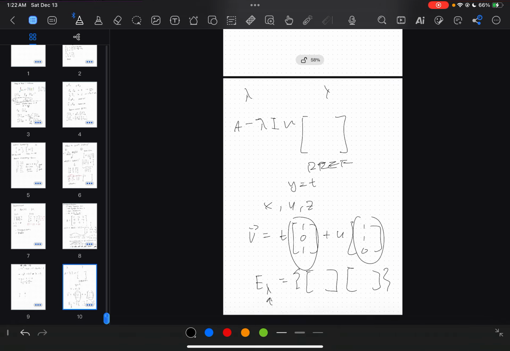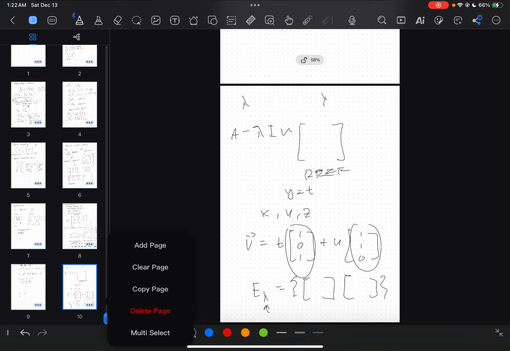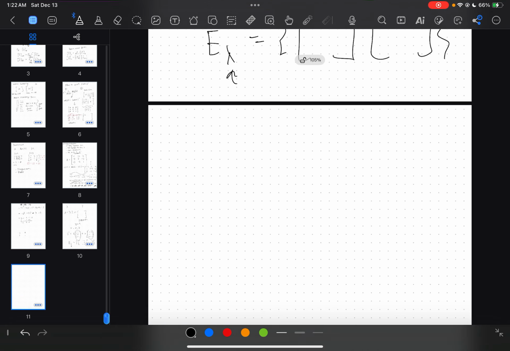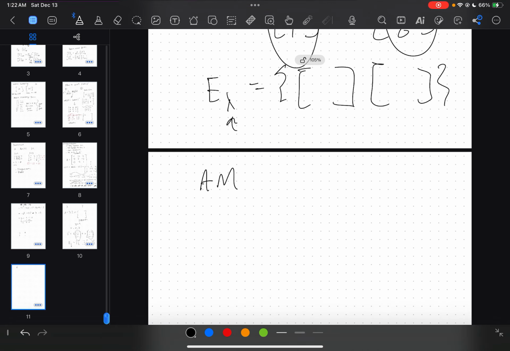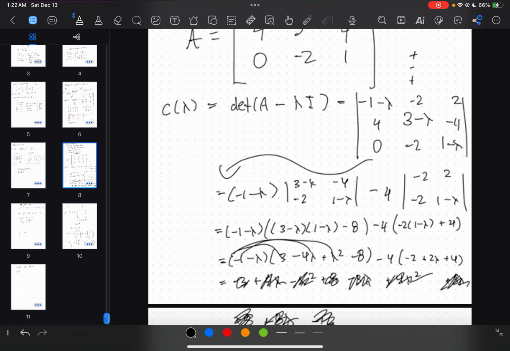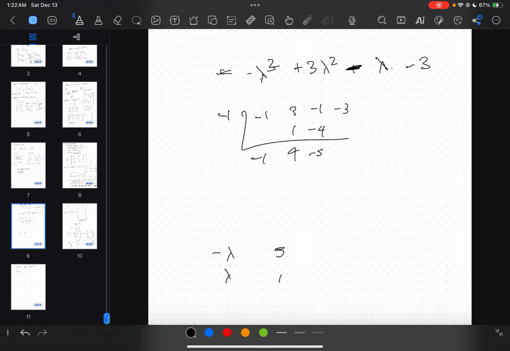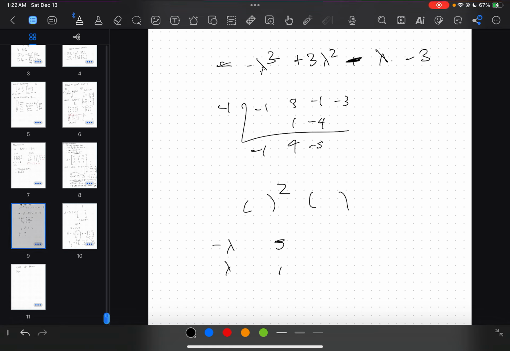And then we check, we do that for all, we check multiplicity. We have AM, GM. So algebraic multiplicity is the number of powers in the original factor. So like, let's say we actually found factors here. This one's squared, this one's not.